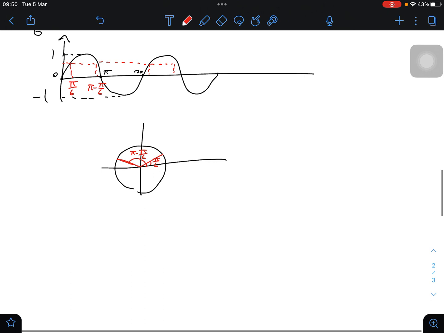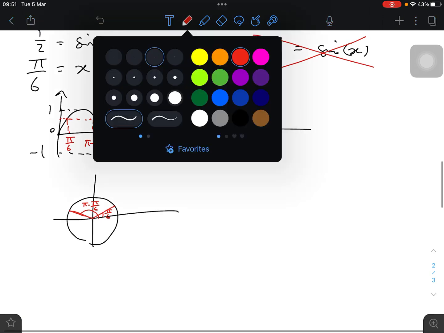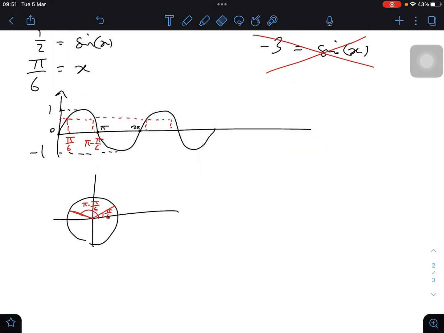Whatever you find easiest for finding multiple solutions. And so in this case, we get our second solution as pi over 6, and then pi minus pi over 6 can be 5 pi over 6.